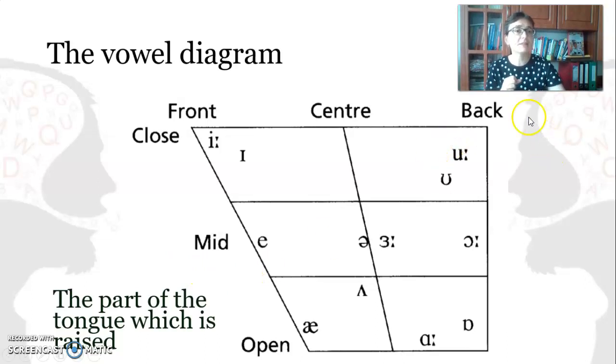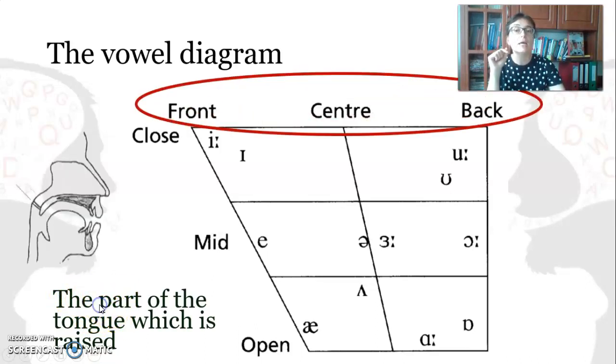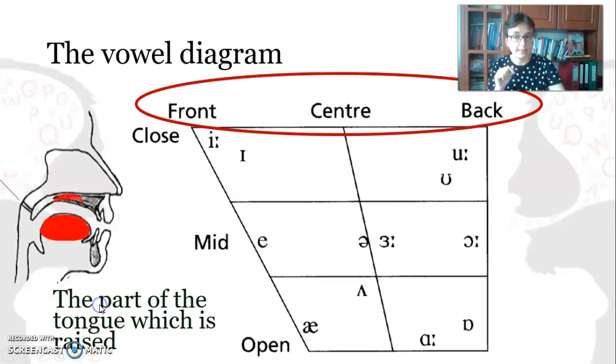Let's first analyze the horizontal line here and identify the meaning of the concepts front, center, back. They all refer to vowels, and they mean the particular part of the tongue which is slightly raised towards the palate.